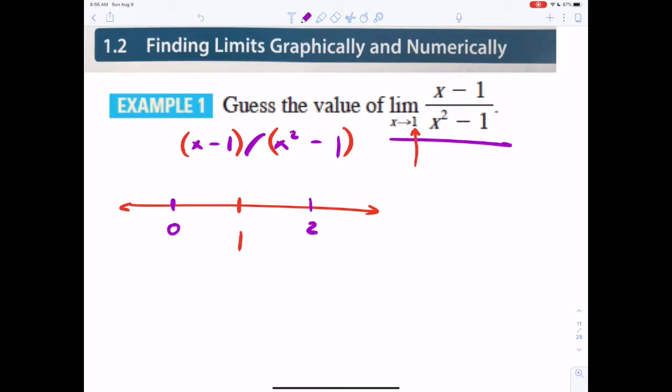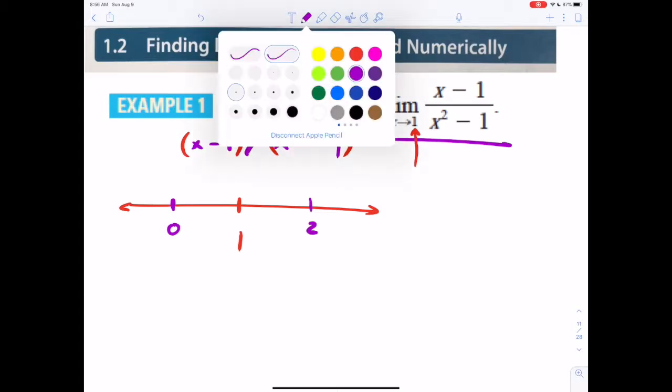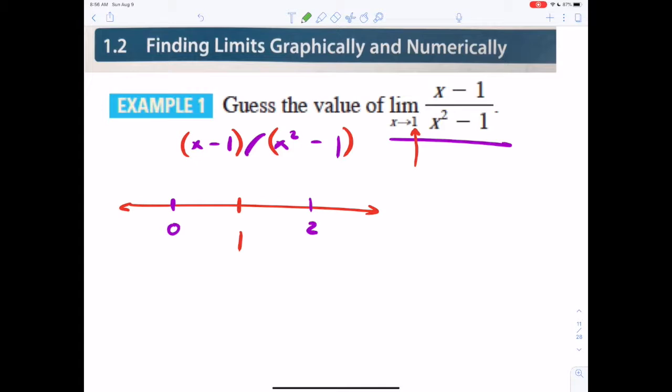Okay, so what you're going to do now, and I'm going to give you guys however long you need because this is a video, so pause this if you have to. Go to your table, clear your table, and get arbitrarily close to 1 on either side. Okay, so I'll give you a second to do that. And play whenever you're ready, okay?